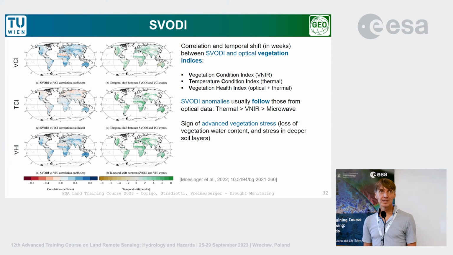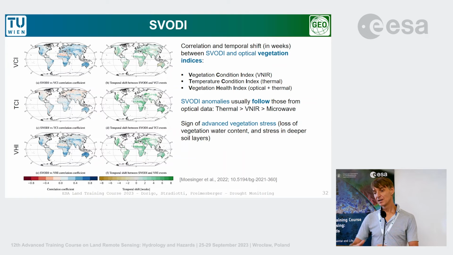And why do we need the VOD index if we have other conditions, if we have NDVI or, for example, the temperature condition index? It gives you a different estimate, a different insight into canopy behavior.